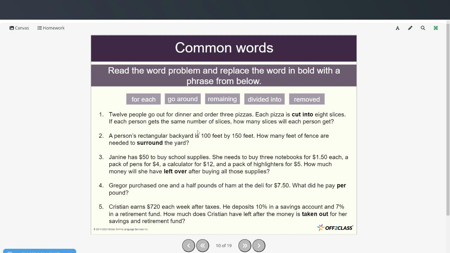If each person gets the same number of slices, how many slices will each person get? Well, cut into would be divided into.